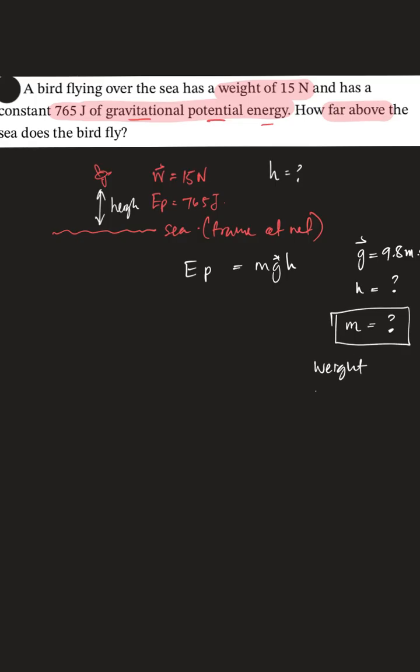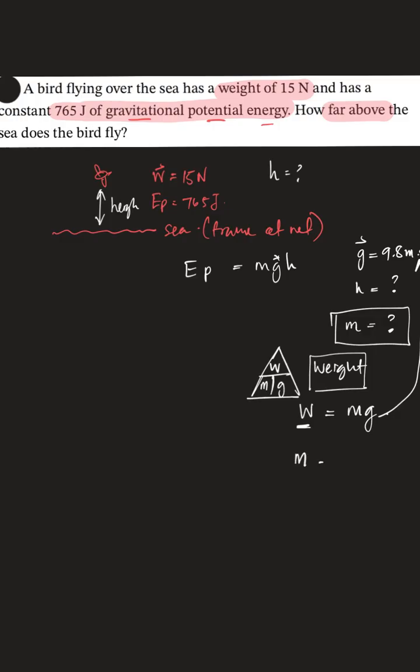Now weight is a force. But the formula for weight is W is equal to mg. And I know this value W. And this g value, remember what I said, is the same value. It's a constant. So I can use this formula, W is equal to mg, and I can say that I want mass.